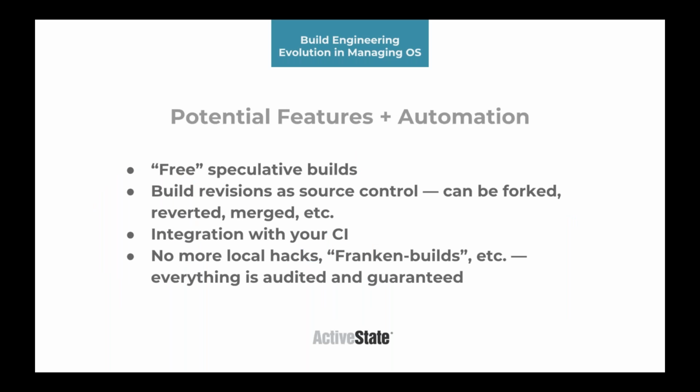Some of the other benefits of having an automated system is that you get a few features for free, or things that weren't possible before. So we say things like free speculative builds.